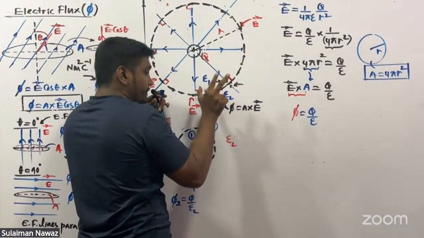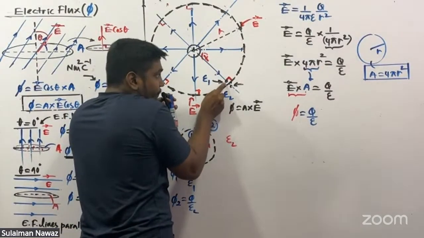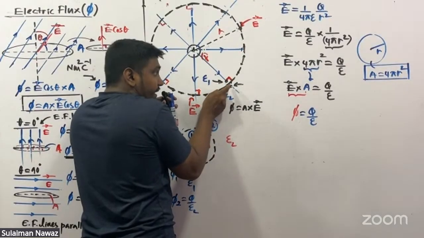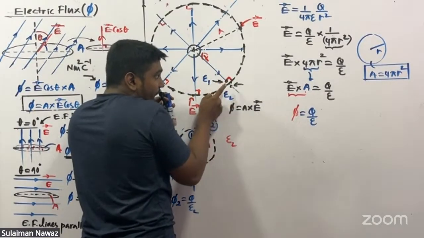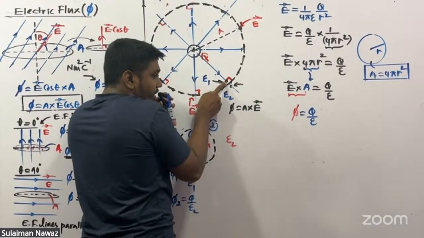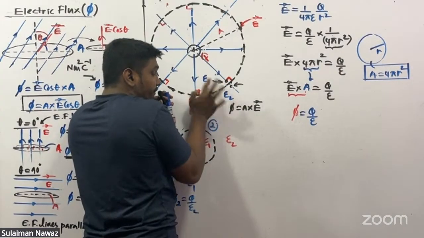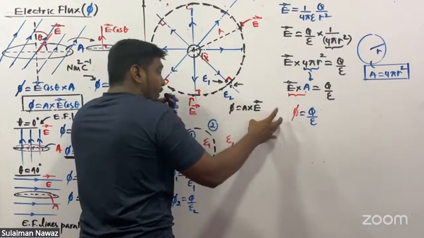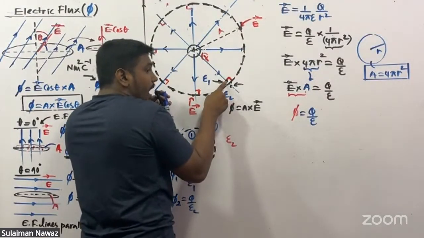Now my question is, since these two points are very close to the boundary, do you think the electric flux at this point and at this point are different? Raise your hands. Since these two points are in different mediums, according to this equation it seems like the electric flux is different.